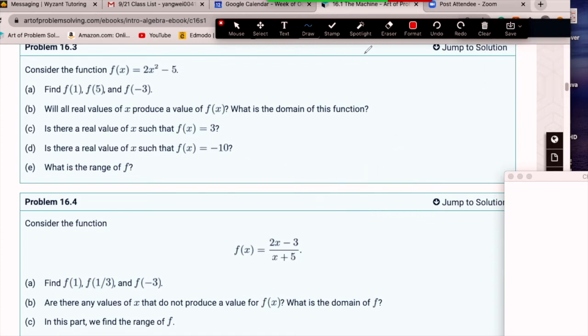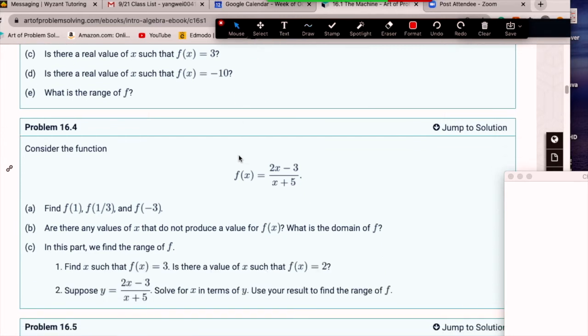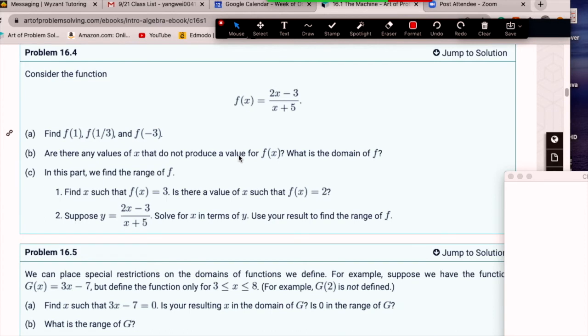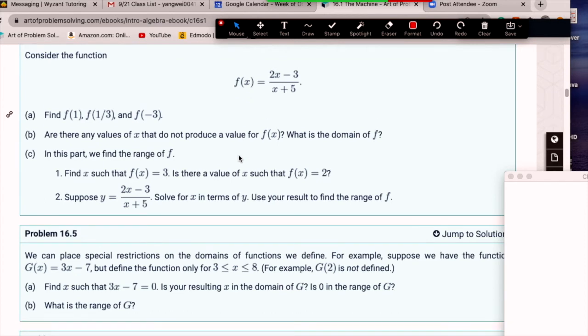So now let's go to the next example, 16.4. They ask, consider the function f(x) equals (2x minus 3) divided by (x plus 5). Calculate these values. Now this is a rational function, right? It's not a polynomial function.